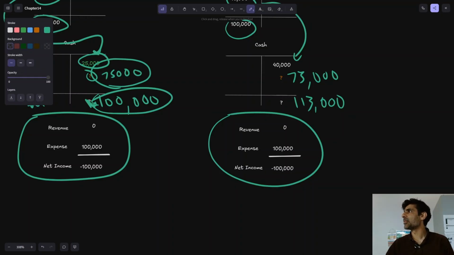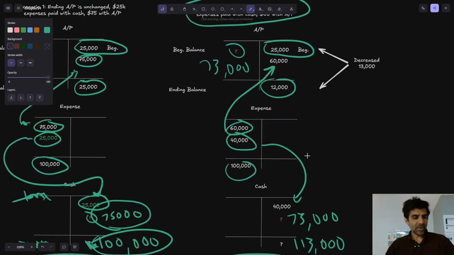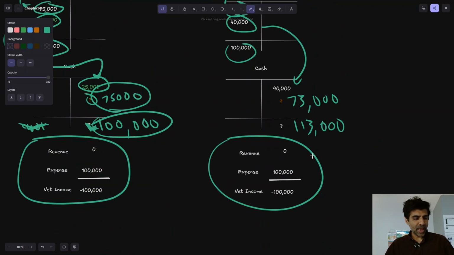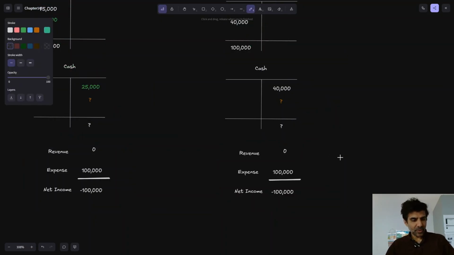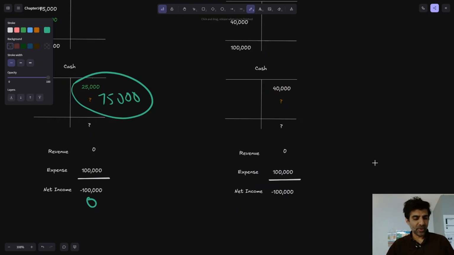Do I need to make any adjustments to this? No, right? What I'm saying when I did this is that the net income is negative 100, but my cash flow, which again, we see here, we said that this was 75,000. We know that the total decrease in cash is 100,000 also. So this requires zero adjustment.